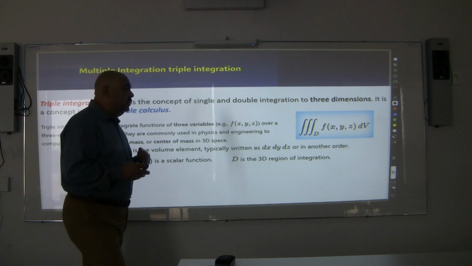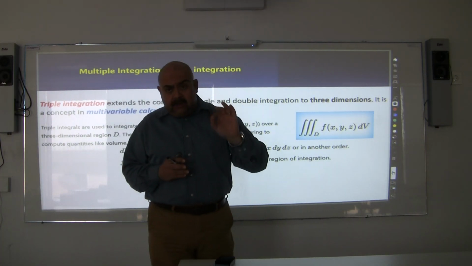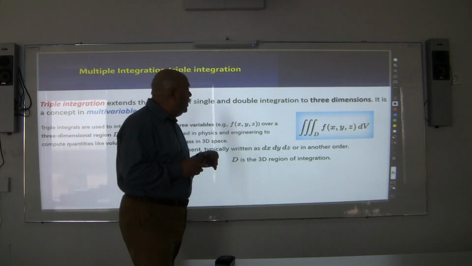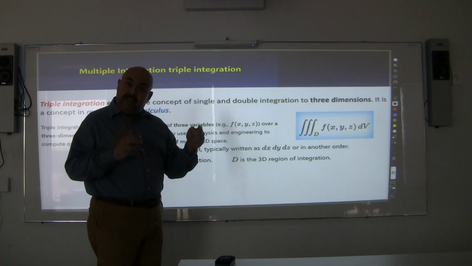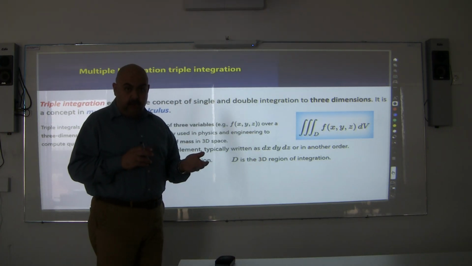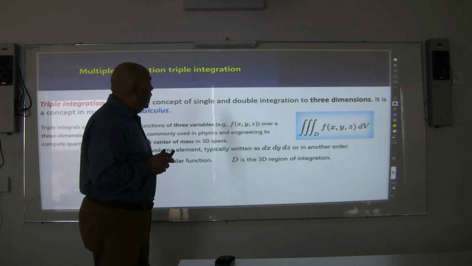If you remember in line integration or in the normal integration, we usually integrate on a single or on a simple domain in one direction. And so if you are integrating with respect to x, you will integrate from x equal to 1 up to 5 or something like this.